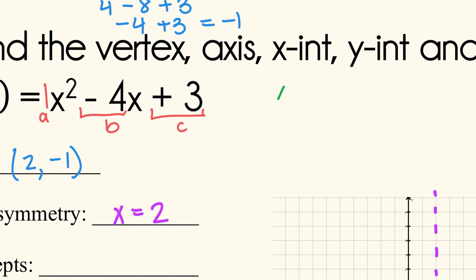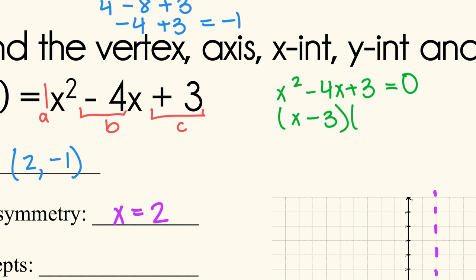I'm going to have x squared minus 4x plus 3 equals 0. Can I factor this? What can I use to factor this? Good, x minus 3, x minus 1.